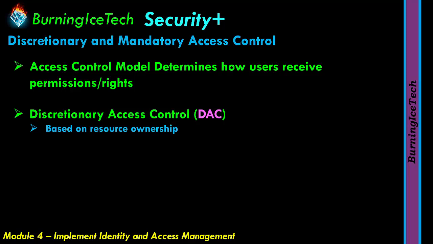The owner has full control over the resource and can modify its access control list to grant rights to other users. If we say access control list, we normally refer to this as an ACL for short. Discretionary access control is the most flexible model and it's currently implemented widely in computer and network security. In file system security, it's the model used by default, in case you didn't know.